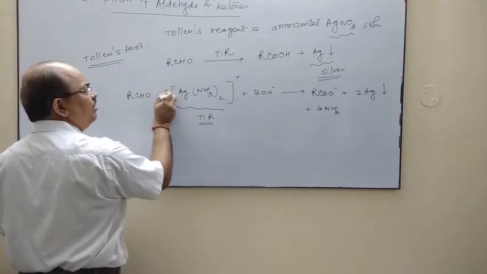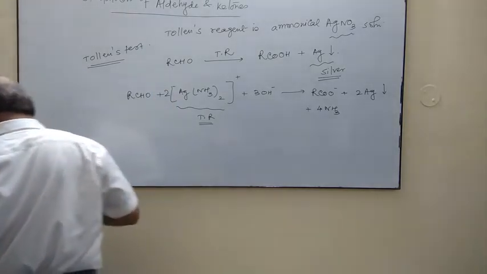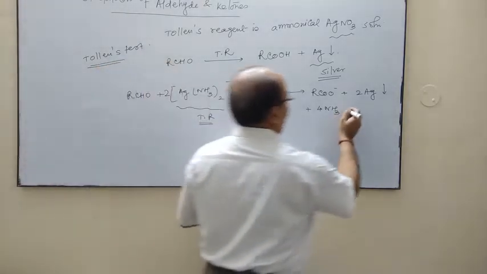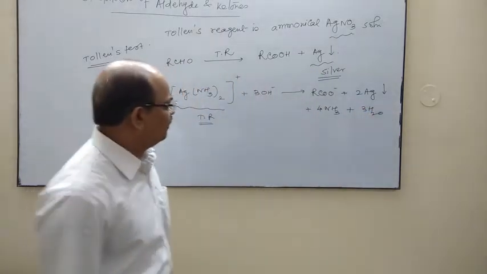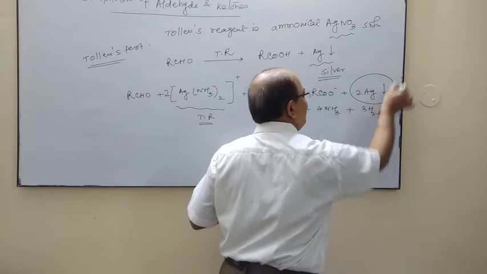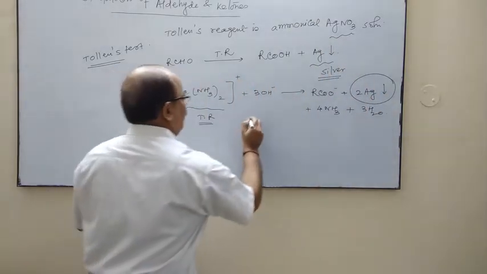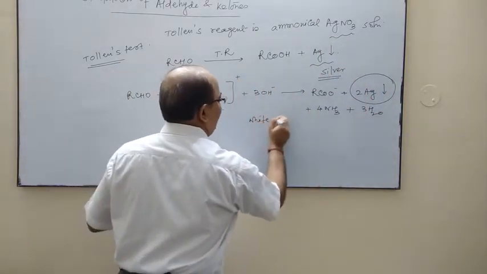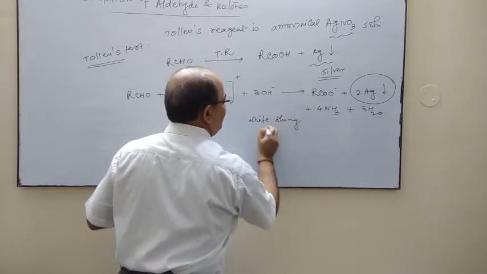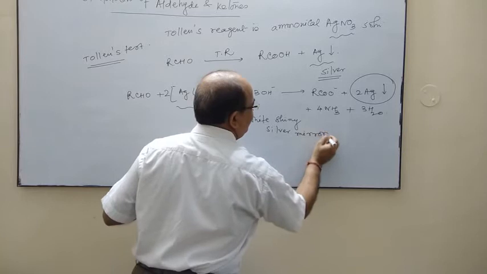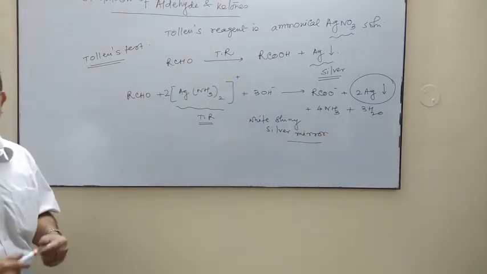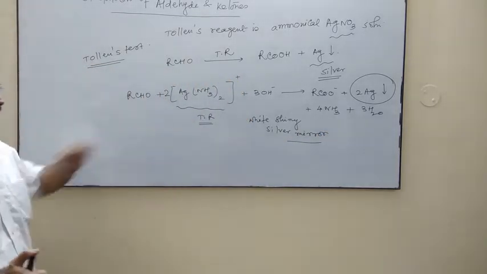This should be 2 mole, and then we have water. So what happens? A white shiny silver mirror is formed. So this test is also known as your silver mirror test.